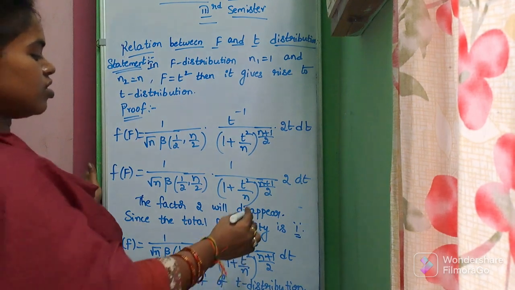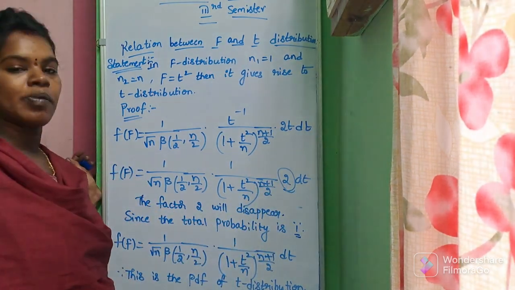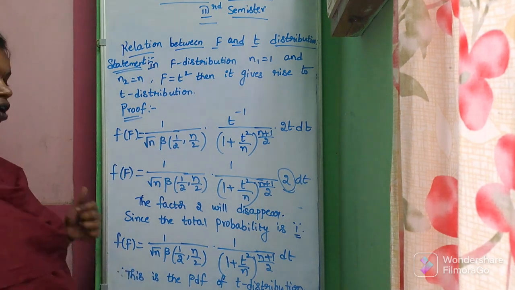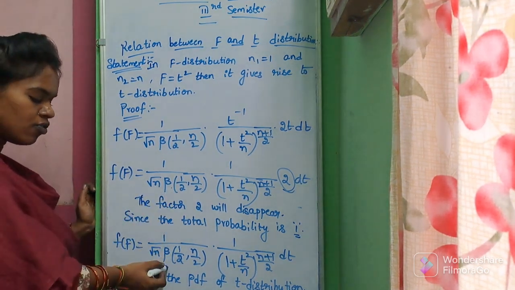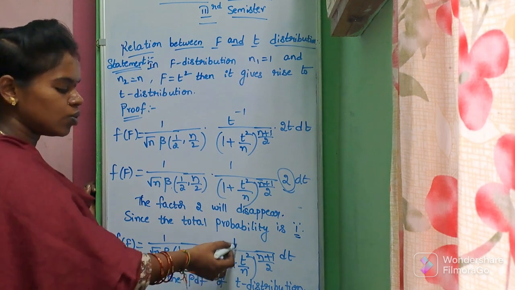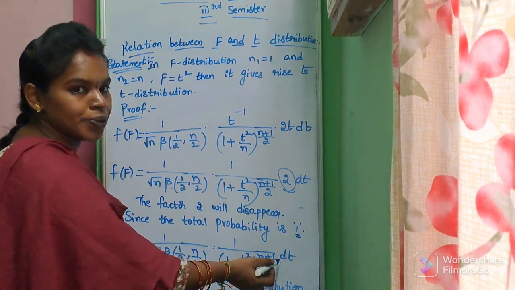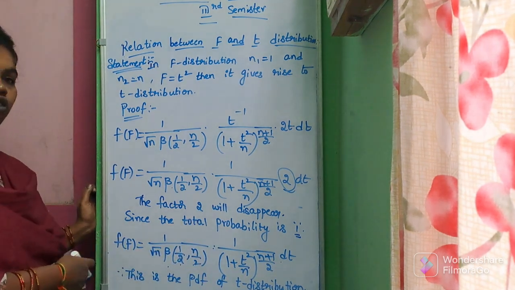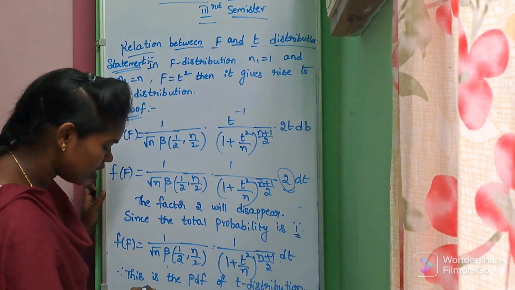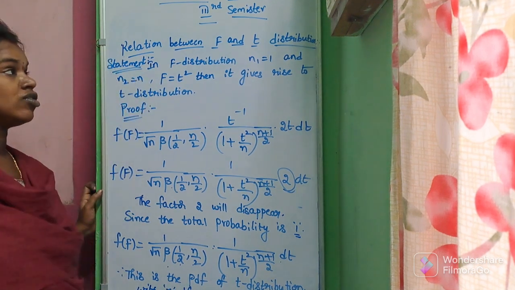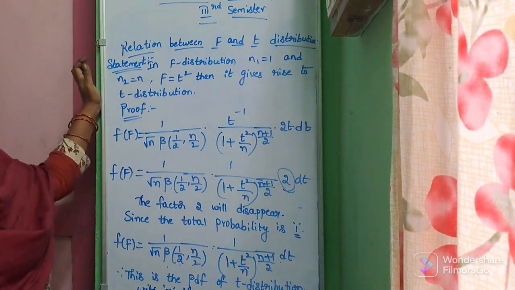Finally, f of t equal to 1 by root n beta of 1 by 2 comma n by 2 into 1 by (1 plus t square by n) whole power (n plus 1) by 2 into dt. This is our PDF of t distribution with n degrees of freedom. This is our relationship between f and t distribution.